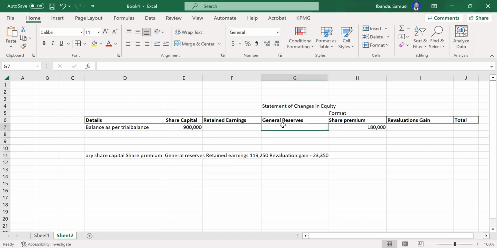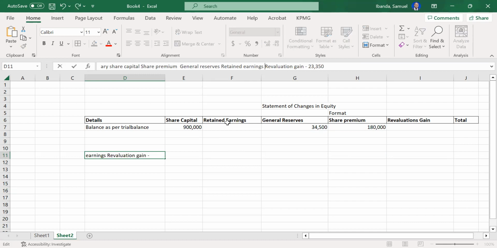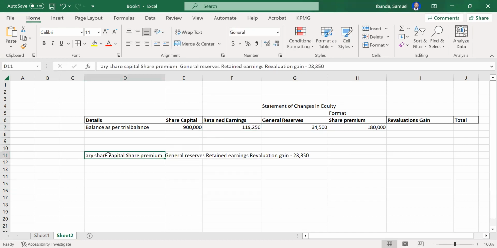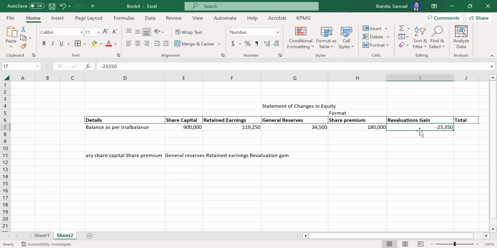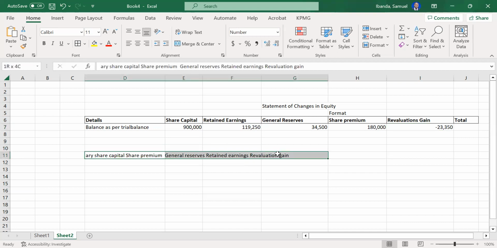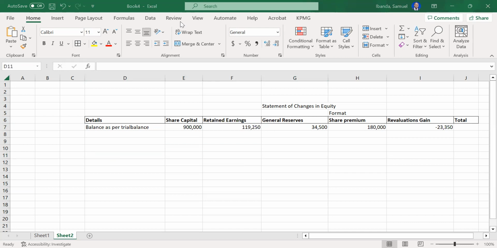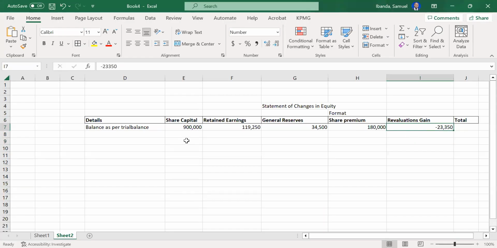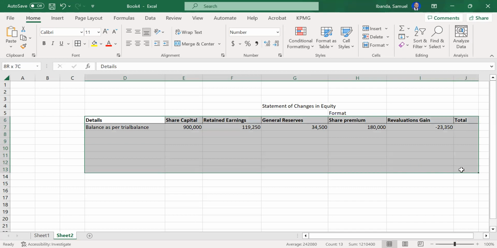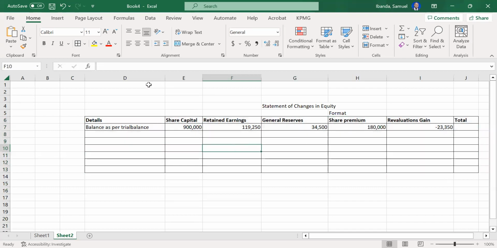General reserves is that. Retained earnings is that. And then revaluation gain is that. So I've been able to input my information. I just want you to see that revaluation gain here is a negative, which means that it's more of a revaluation loss. But since the heading is revaluation gain, we shall ensure that we record the negative the way it is. Okay? So that is what we have.